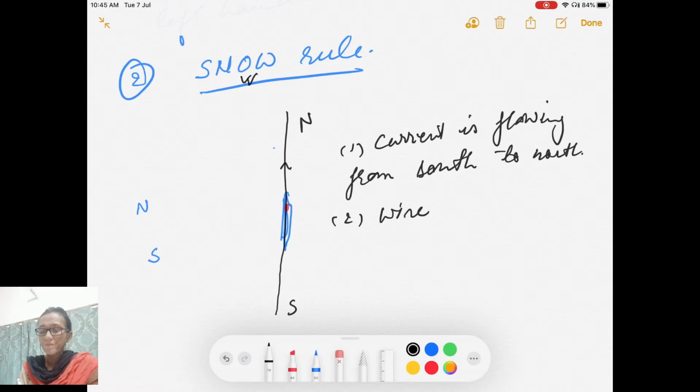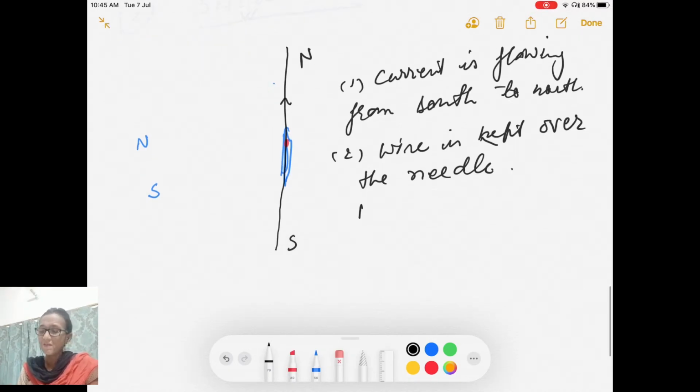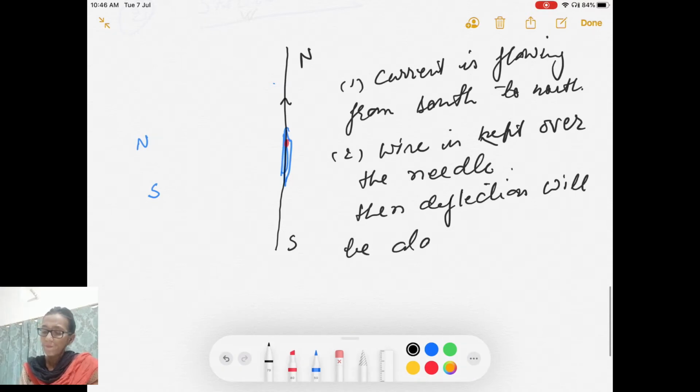Wire, O stands for over. Wire is kept over the needle. Then deflection will be along west.